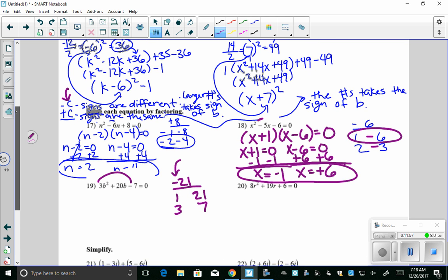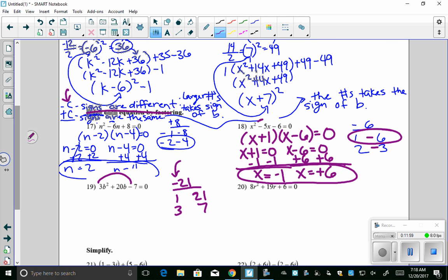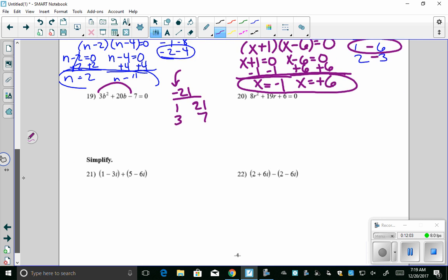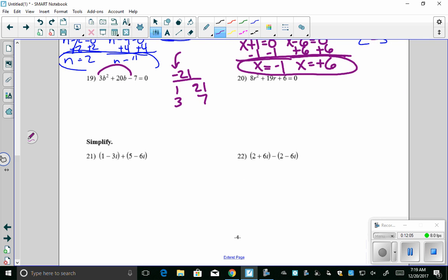So the signs are different, and the larger number takes the sign of B. So in this case, B is positive. So these are going to be positive, and these are negative. So which one of the factors will add to give me positive 20? And that is negative 1 and positive 21.